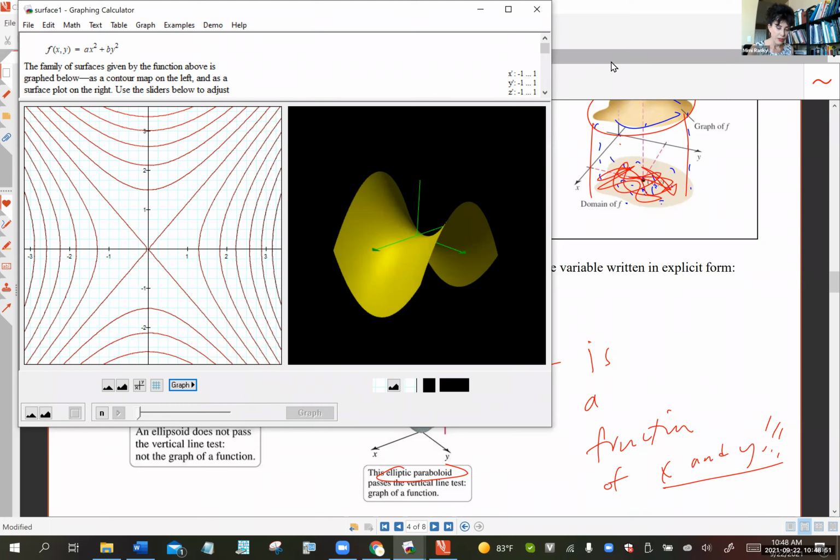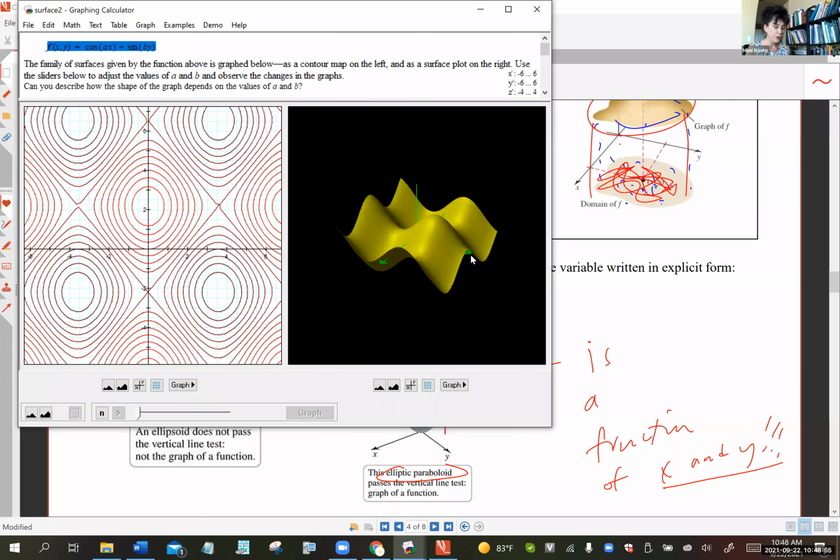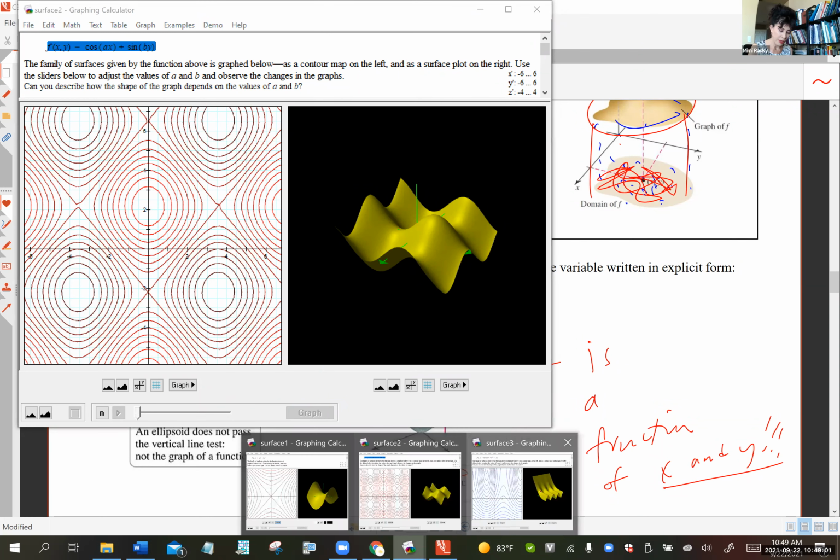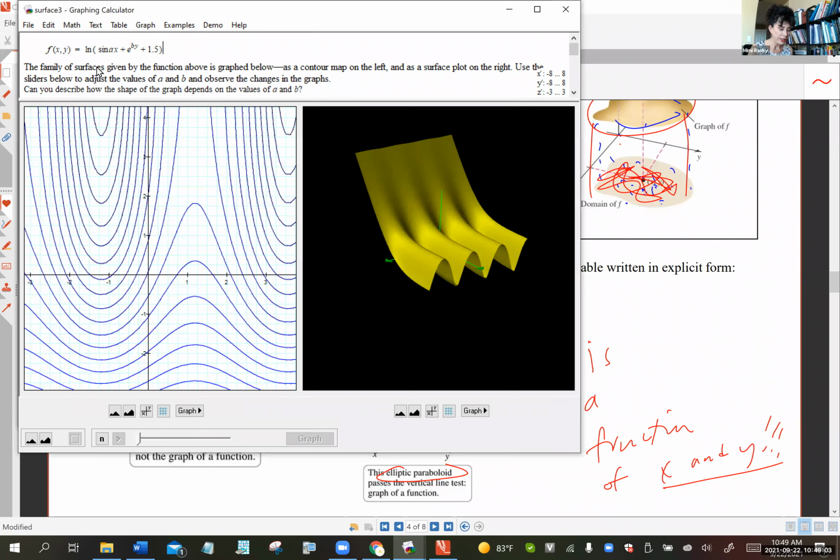It's stopped, so I can't do that one. Let's try another one. Here's one that looks like an eggshell, and that one won't let me do the sliders either. And then here's another one that's a logarithm, which is kind of cool. But you can graph all kinds of things.